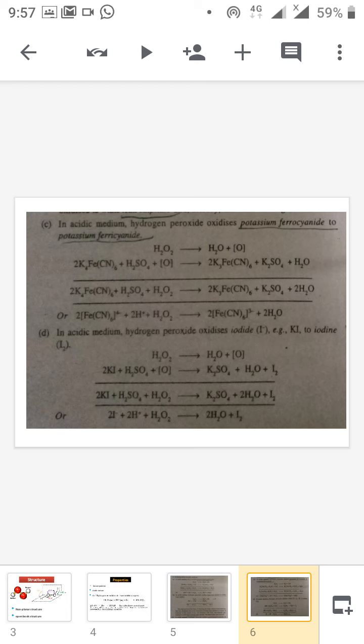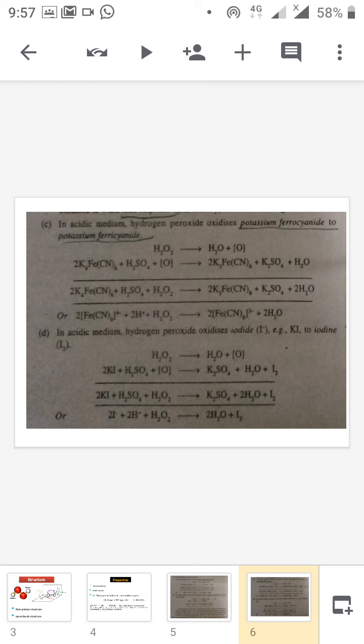Next is the conversion of iodide to iodine. This oxidizing action is as we discussed in the case of nitric acid and sulfuric acid also. In the case of nitric acid and ozone, the same reaction occurs in the case of hydrogen peroxide also, only the first equation is different.